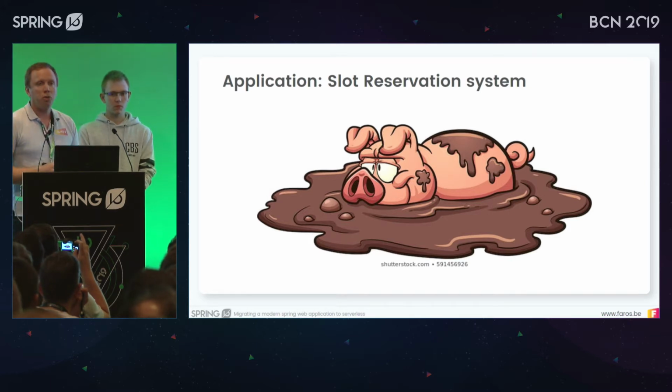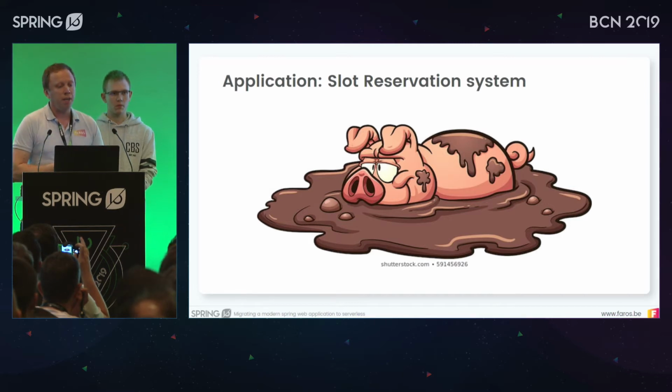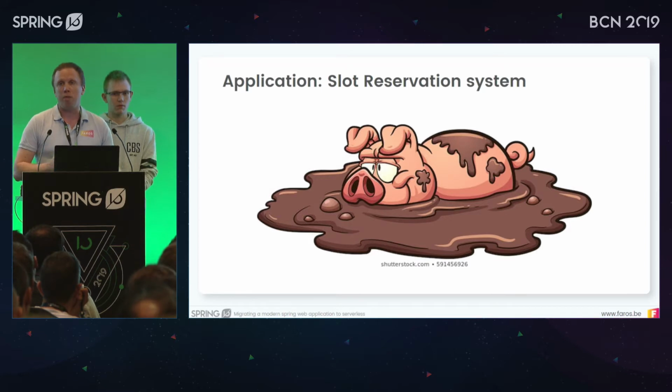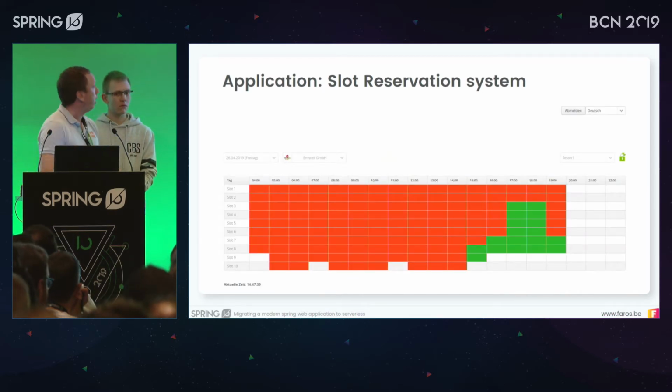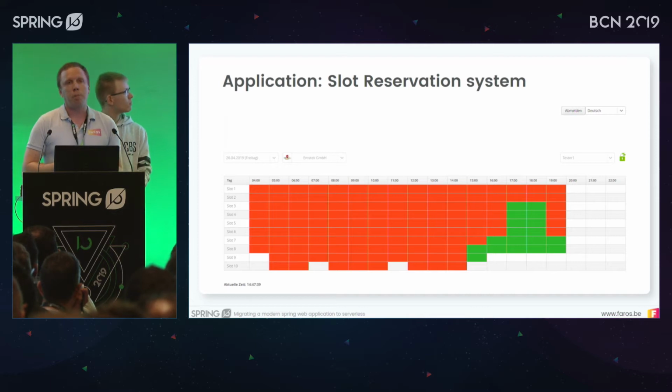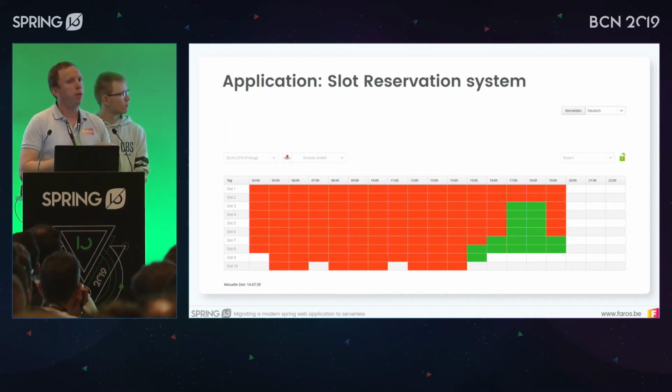Now, what we want to talk about today is an application which was a slot reservation system. And it's all about pigs, which you might have read also in the description of this talk. The idea is, in fact, that we have some kind of reservation website, which you can see here, where suppliers can in fact reserve some slots to deliver pigs to a food supply company.